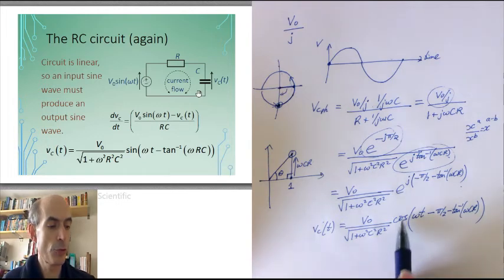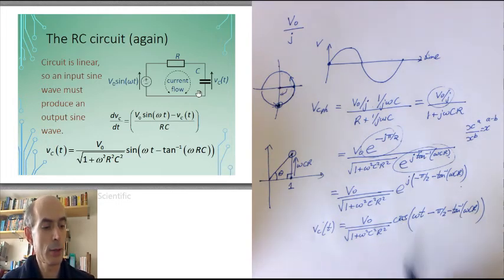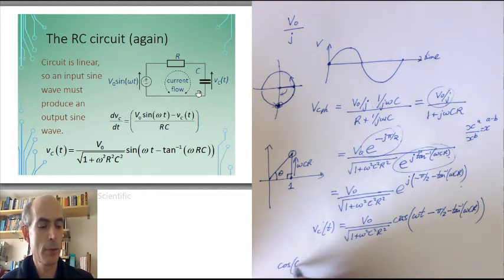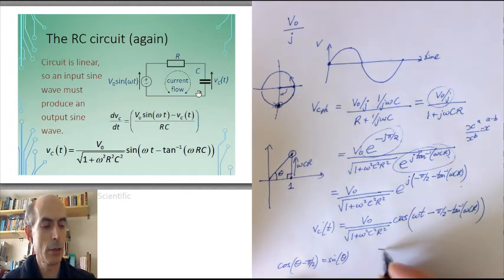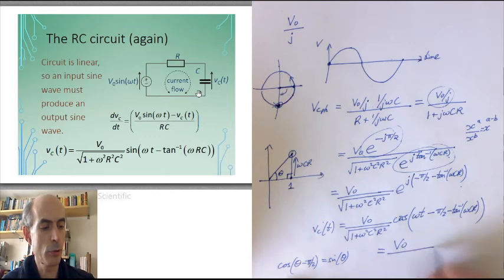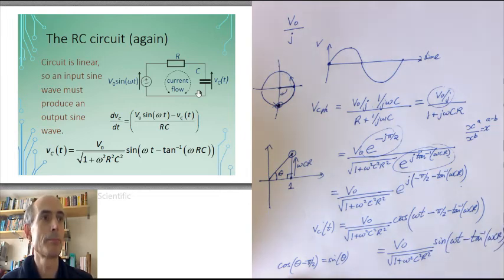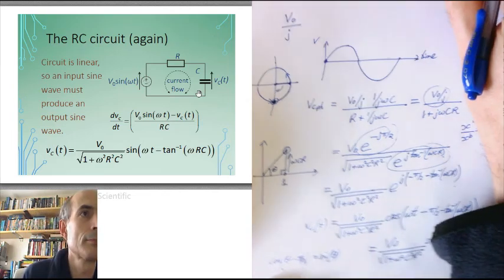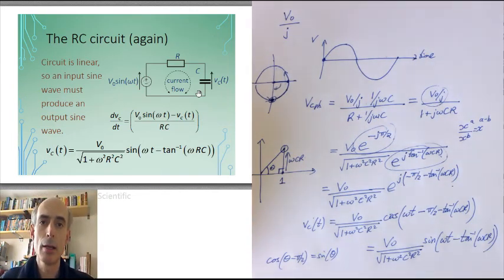And here is where I can use the useful result that cosine of theta minus pi over 2 is just equal to sine of theta, and therefore write this as V0 over the square root of 1 plus omega squared C squared R squared times sine of omega t minus tan to the power of minus 1 omega CR. And that's it. No calculus required. We just do the problem using phasors and the potential divider equation.